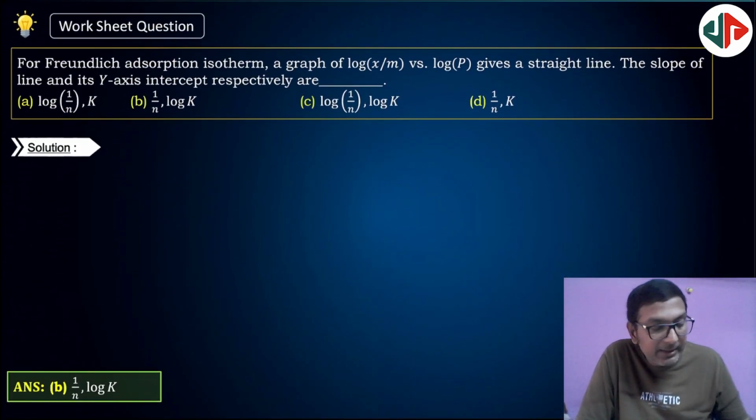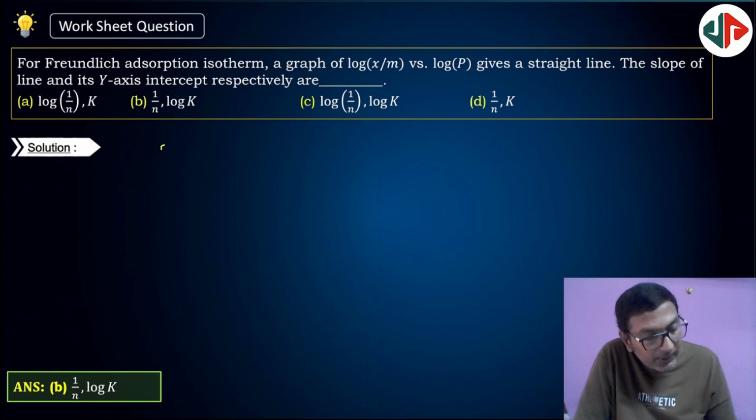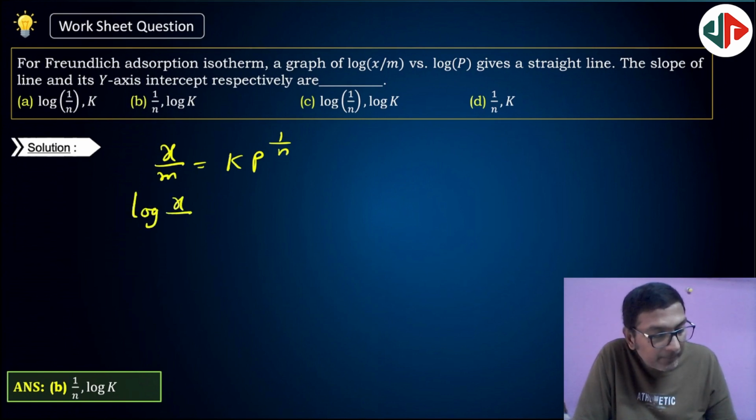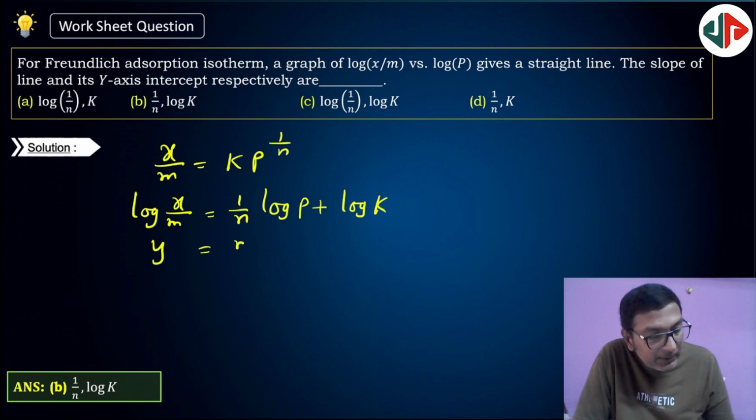For Freundlich adsorption, the slope and intercept respectively are. So x by m equals k into p power 1 by n. So log x by m equals 1 by n into log p plus log k. It is in the form of y equals mx plus c, intercept form.